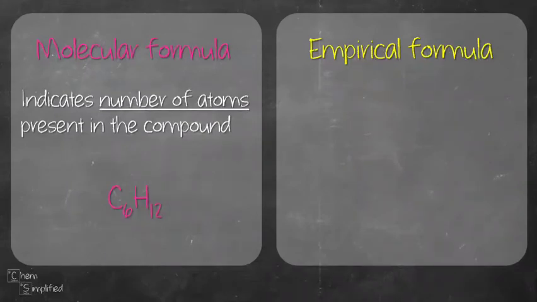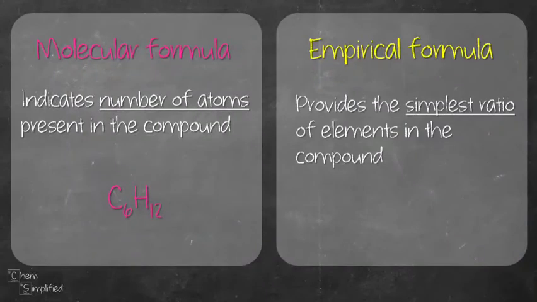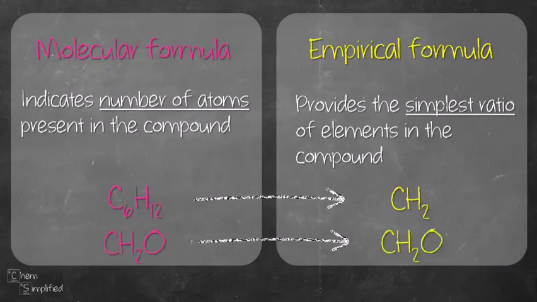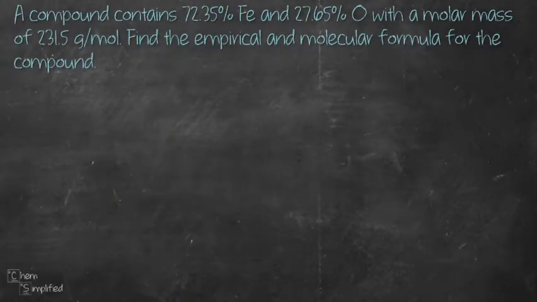Whereas empirical formula indicates the simplest ratio of elements in the compound. Let's write the empirical formula of C6H12, that is CH2. One more example for that, CH2O. Empirical formula also CH2O, because here we couldn't take the simplest form of that.